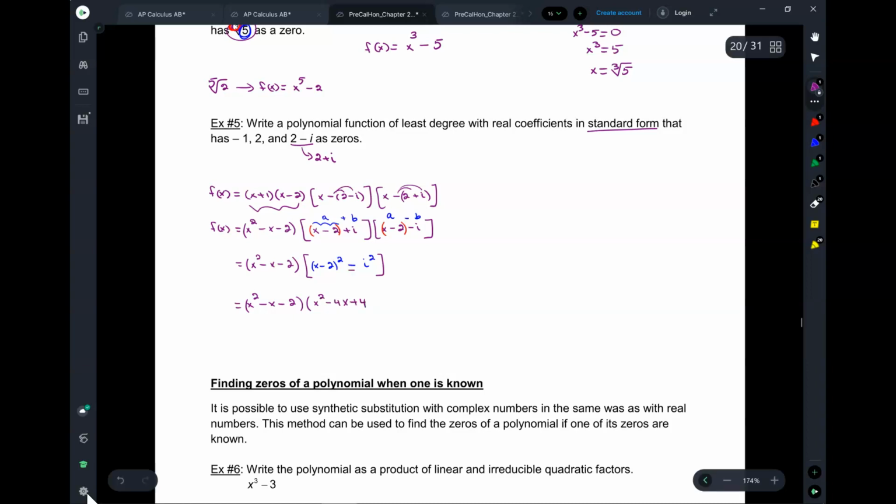And what's this? Minus negative 1 is plus 1. Okay, so x squared minus x minus 2, x squared minus 4x plus 4. And then you have to just multiply this out. All right, and I'm not going to waste your time on the screencast. I know you guys can do that on your own. Okay.